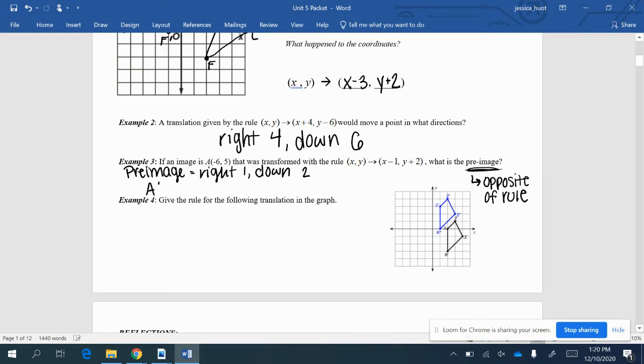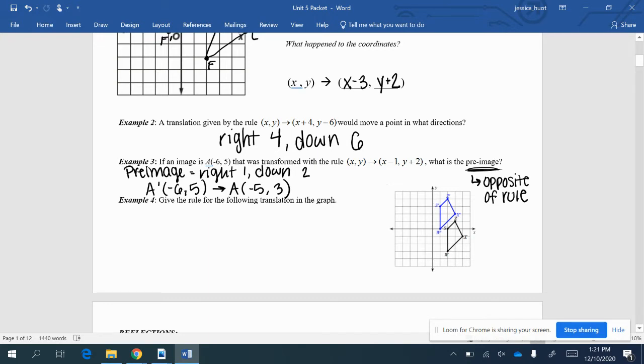So A prime, which is at (-6, 5), would become A. Right 1 would be a negative 5. Down 2 would be 3. Okay, so normally we start with A, and you follow the rule exactly, which would give you the (-6, 5). Here we are starting with our image, our A prime, and we are trying to find the original image, or the original point.